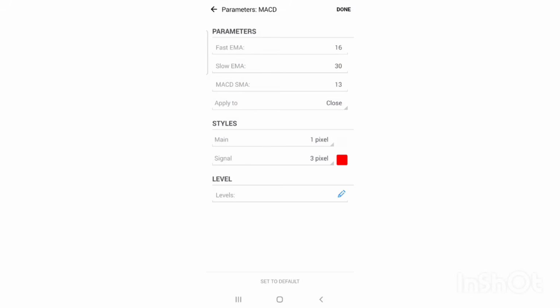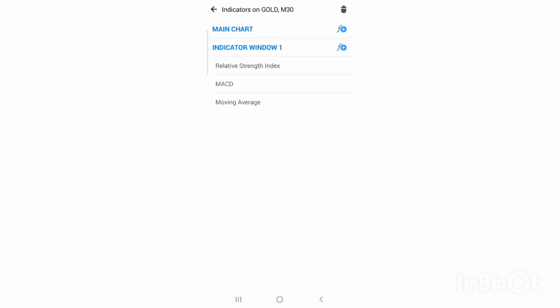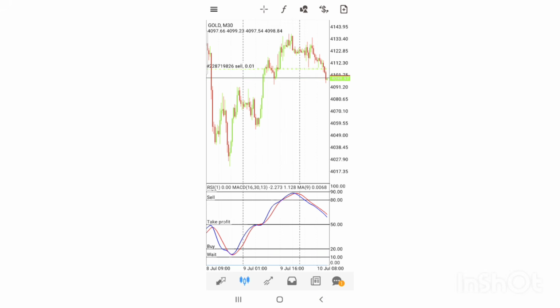If your background is black, you can put black color. Whatever background color you have, you put the same color, because we won't need this main line. The signal line is 3 pips, color of your choice, and I put red color, and then you can come back and click on done.